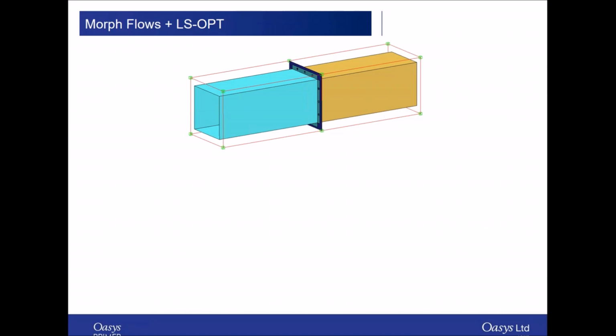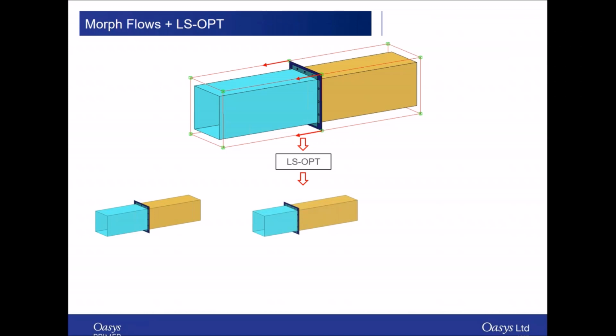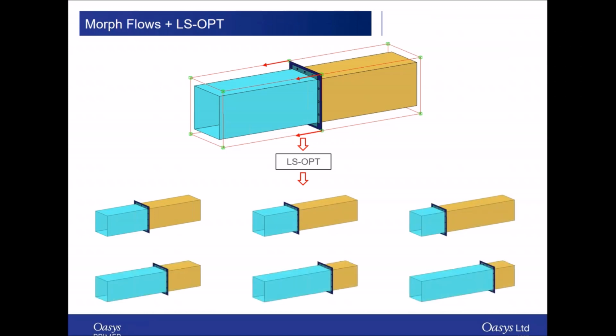And here we've got a higher order morph box because we've got points in the middle. Then you can create morph flows, so these vectors on these central points. You can then feed that information into LS-opt, and that will then be able to morph your design and create lots of different models while it's trying to achieve the targets that you have specified.